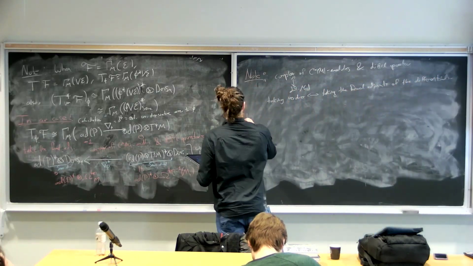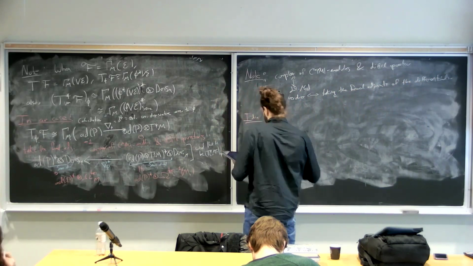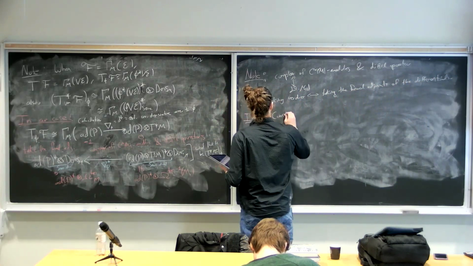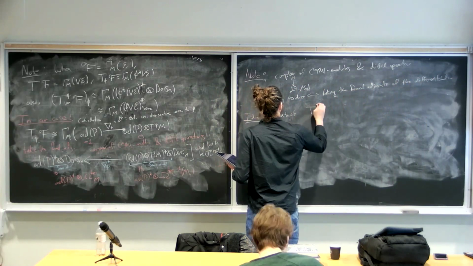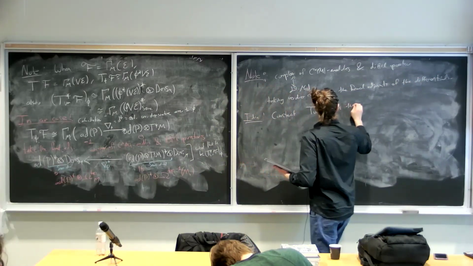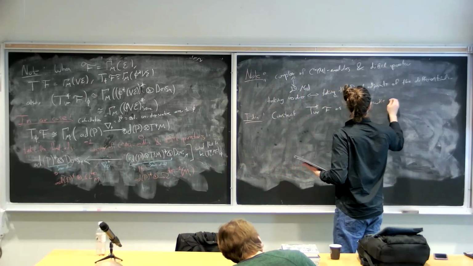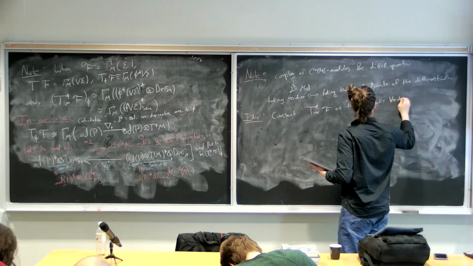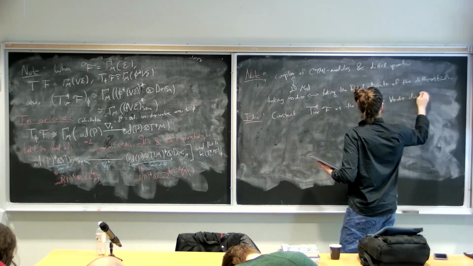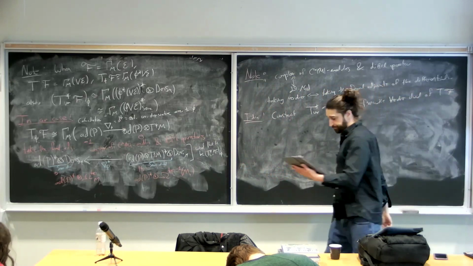So the idea is then to construct T star bar of F as the fiber-wise Verdier dual of TF. Okay.